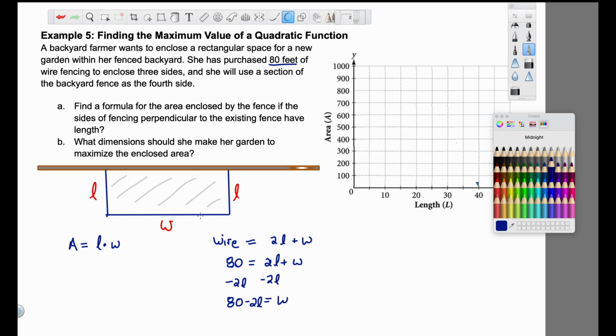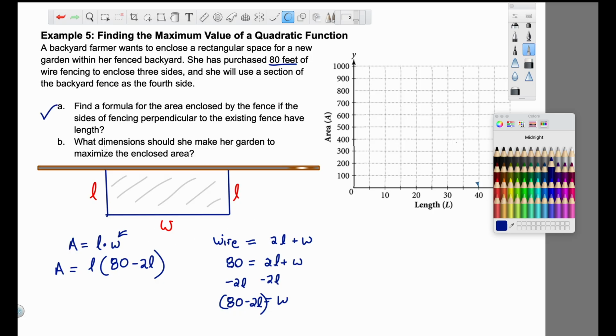The width would be 80 with these 2 lengths subtracted, right? Hope that makes sense. So why don't we replace W here with this expression 80 minus 2L? So I get area equals L times, parentheses, 80 minus 2L. Find a formula for the area enclosed by the fence. Boom. And it's in terms of L right there.